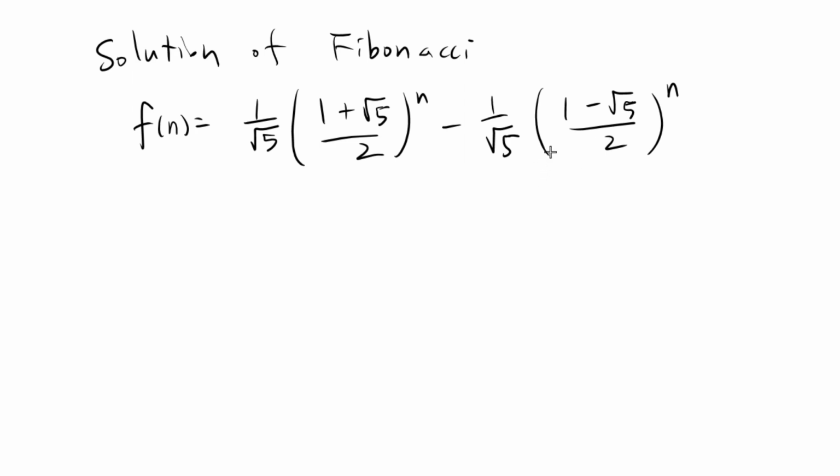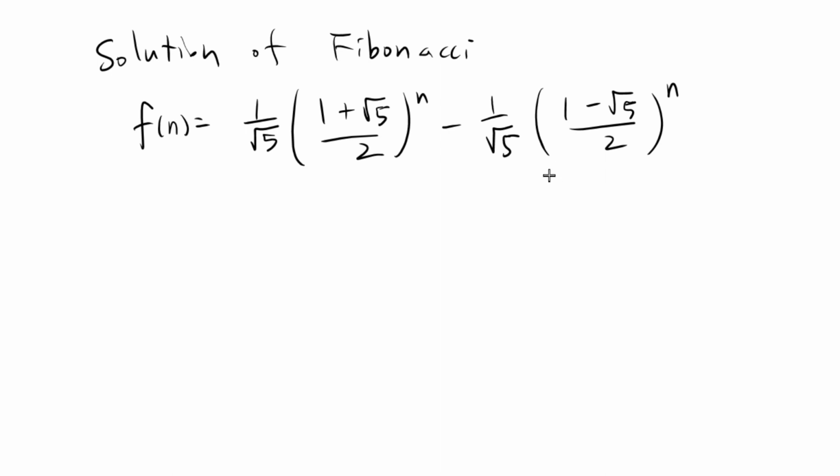Now what's amazing is that if you actually start plugging in 0, 1, 2, 3, 4, 5, even though the original formula has radical 5s everywhere, they cancel and you always get an integer. So I find that fascinating, that you have such a complex looking formula, but when you start plugging in 0, 1, 2, 3, 4, 5, you always get an integer.